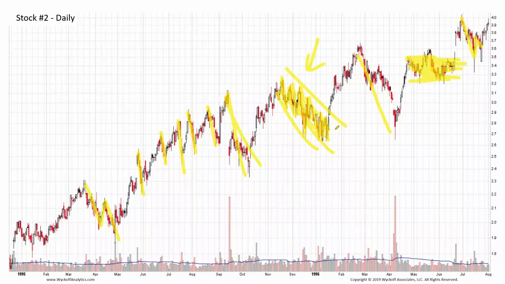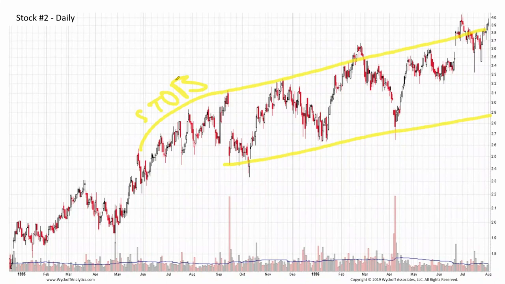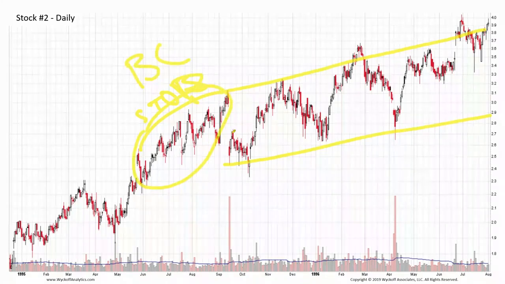There was just push down, push down, push down. Look into this stopping action. Look at the size of the reactions. You could be thinking that this is an upsloping structure. You could do that. There are some elements of stopping action here. So therefore, this would be a buying climax area by itself.